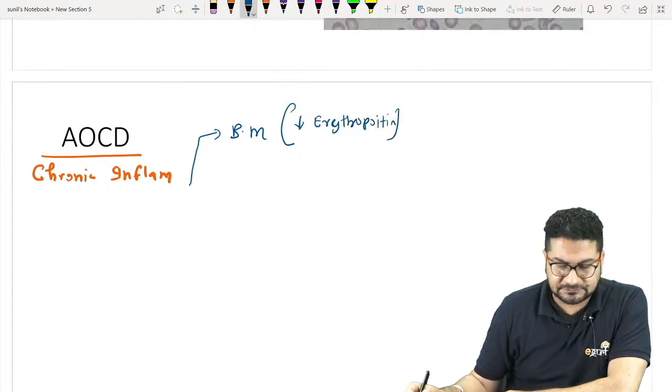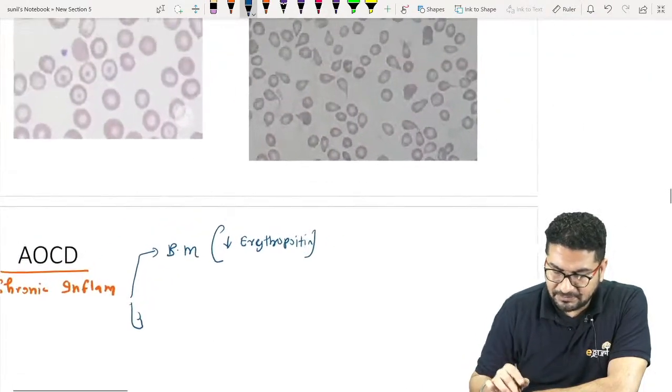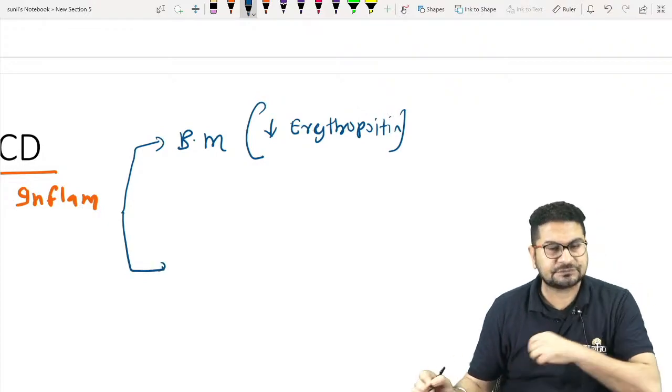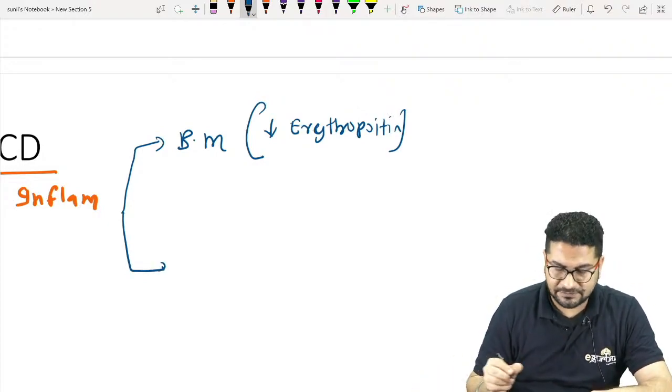But chronic inflammation will also produce some macrophages.